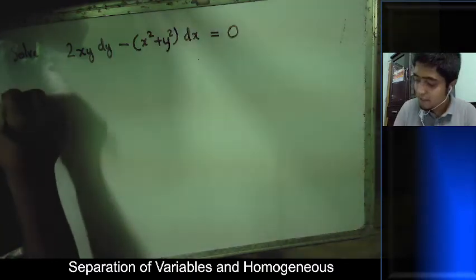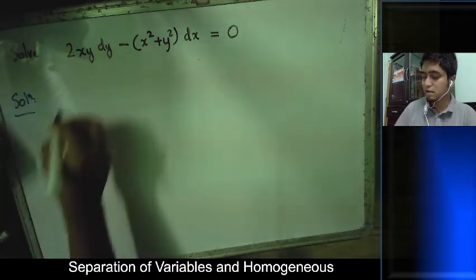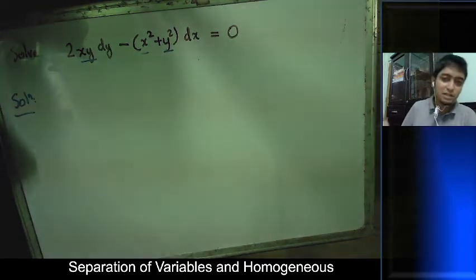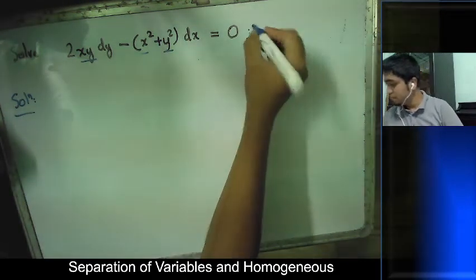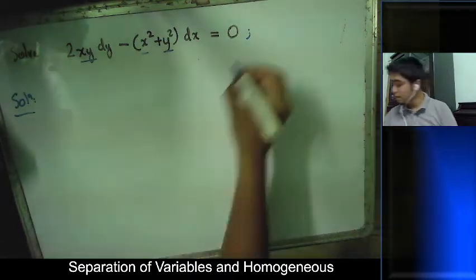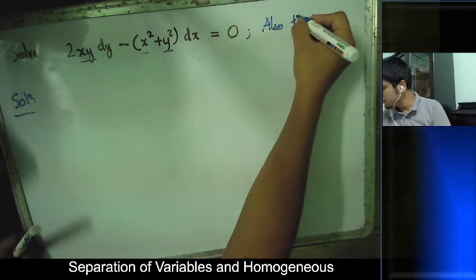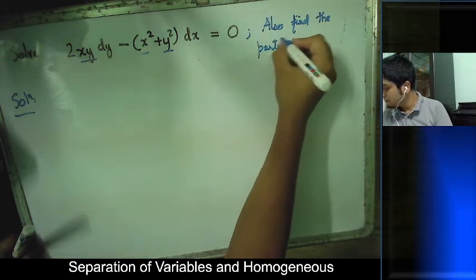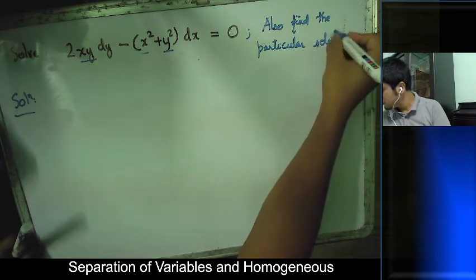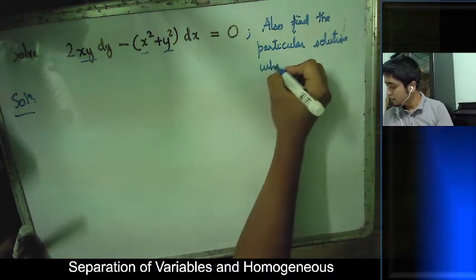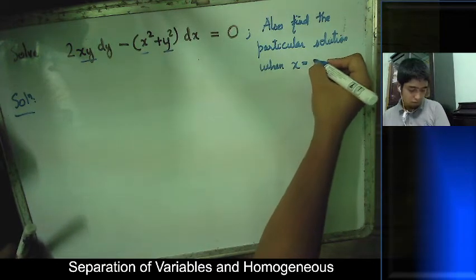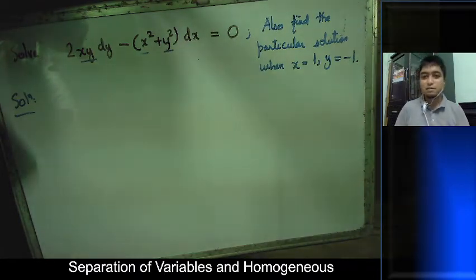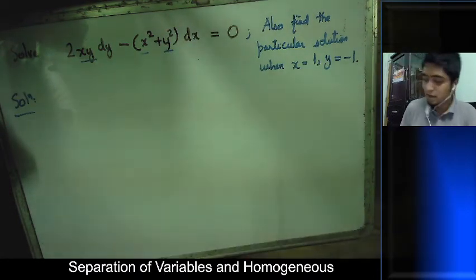We can easily detect that this one is homogeneous. The power over here is 2, the power is 2, the power is 2, so indeed it is homogeneous. Maybe I will add some more to the question. Also find the particular solution when x equals 1, y equals minus 1.